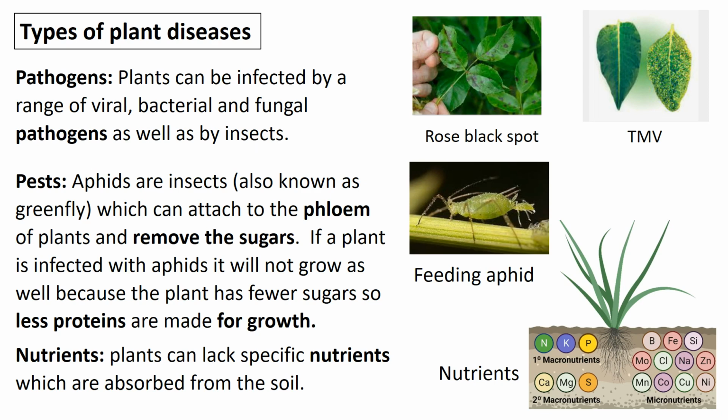And there's also nutrient diseases. Plants need to absorb nutrients from the soil. And if they don't absorb the correct amount of nutrients, then they won't be able to synthesize bigger molecules. Proteins require nitrates, and DNA also requires nitrates, and other nutrients will be needed to make other molecules for the plant to grow.